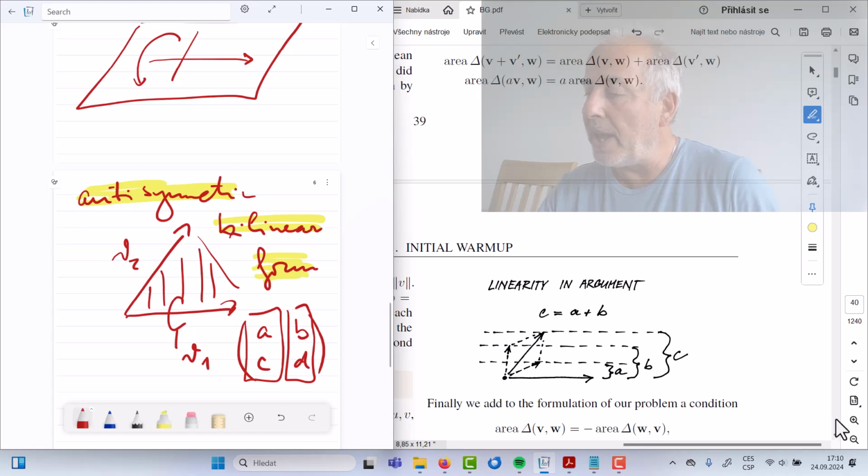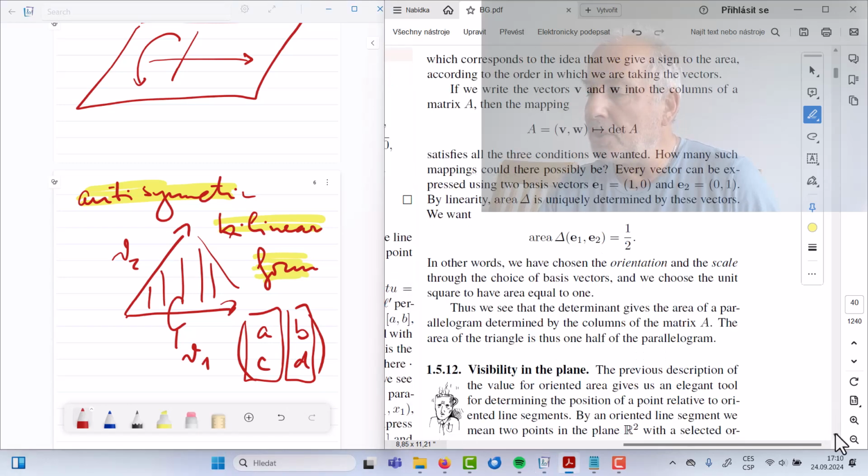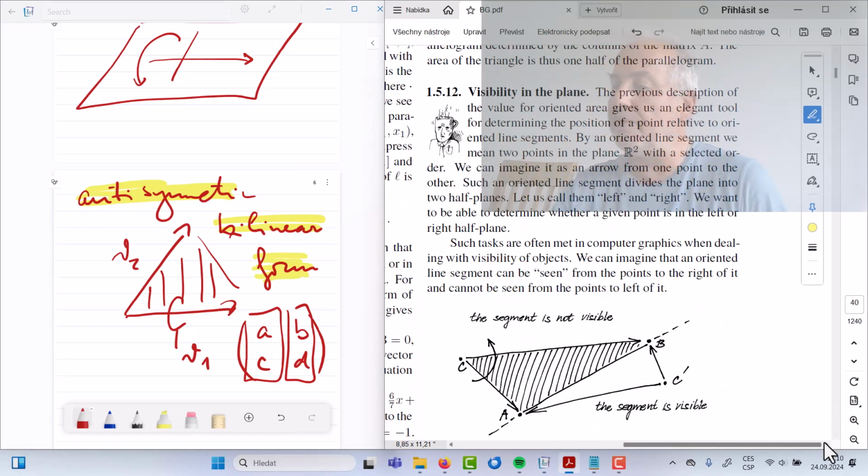And this is used in computer graphics in a very fancy or easy way, because you can easily decide whether your point C is on the left or on the right of the directed line. So I take A and B as defining an oriented line or segment, and the question is whether C is on the left or on the right.